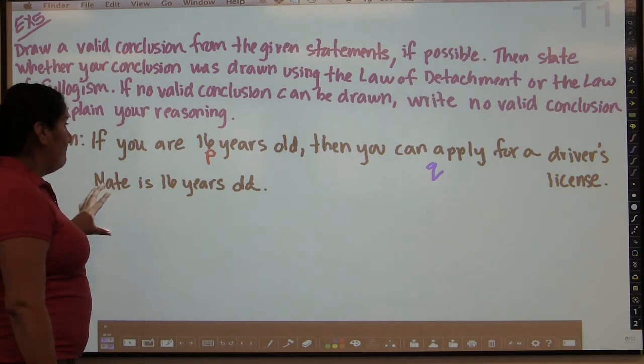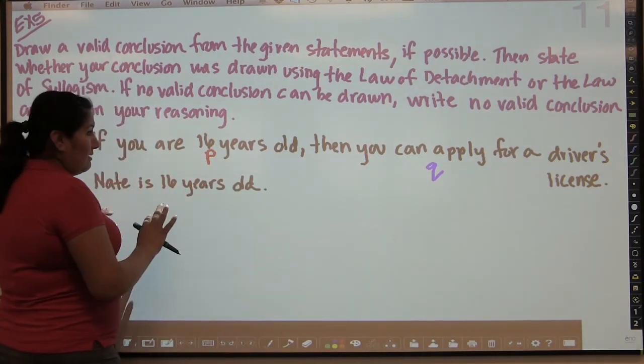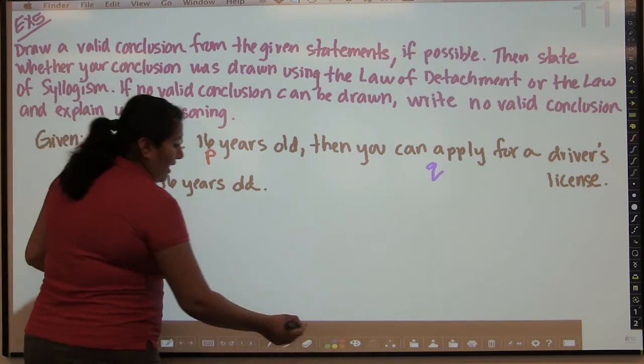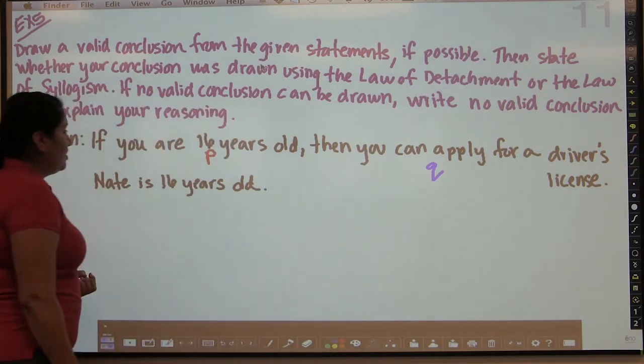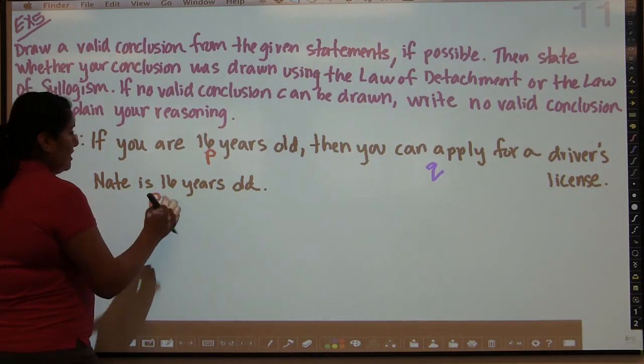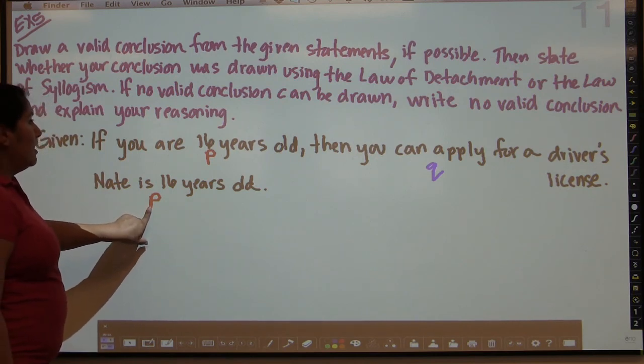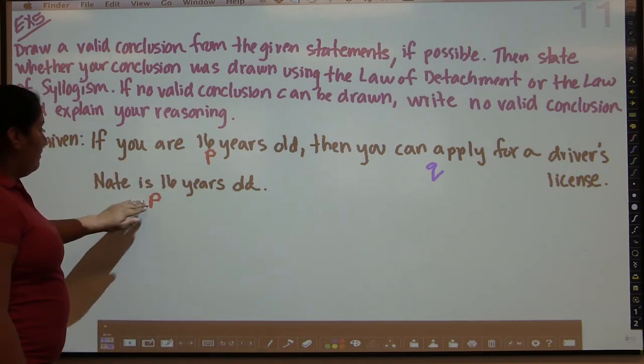But I want to confirm that, and if it is, P implies Q should be true, and then the next statement should be that P is true. Okay, it should be referring to P. So the question is, is Nate 16 years old? Yes, Nate is 16 years old because they're both talking about 16 years old. Then this is definitely a P statement. So we have P implies Q, and now we know that P is true.